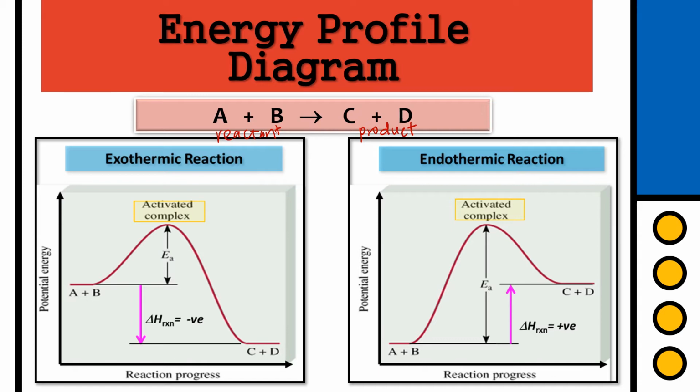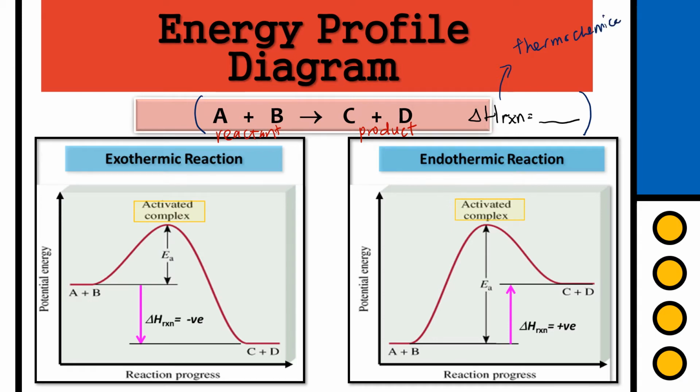So how do we know which energy profile diagram we must draw? It will be based on the value of delta H reaction here. For a chemical equation like this, one that has a balanced chemical equation and is given the delta H reaction, this is what we call a thermochemical equation.